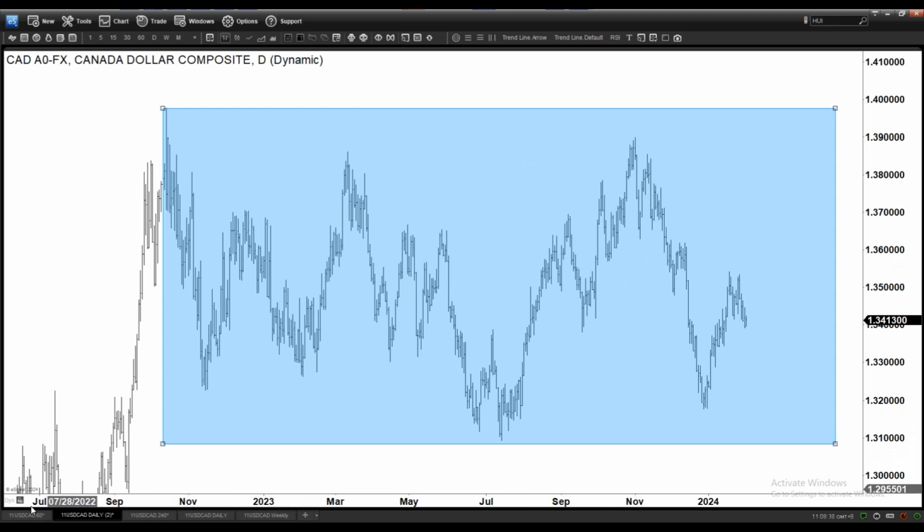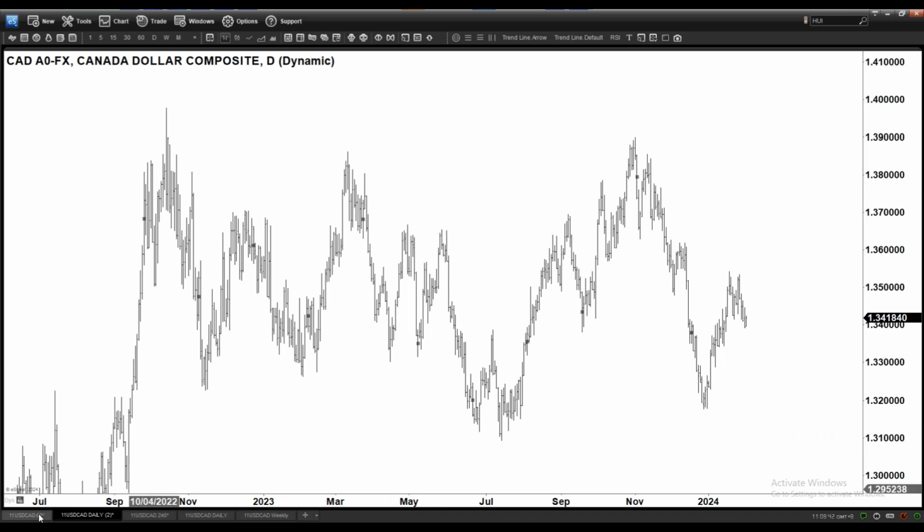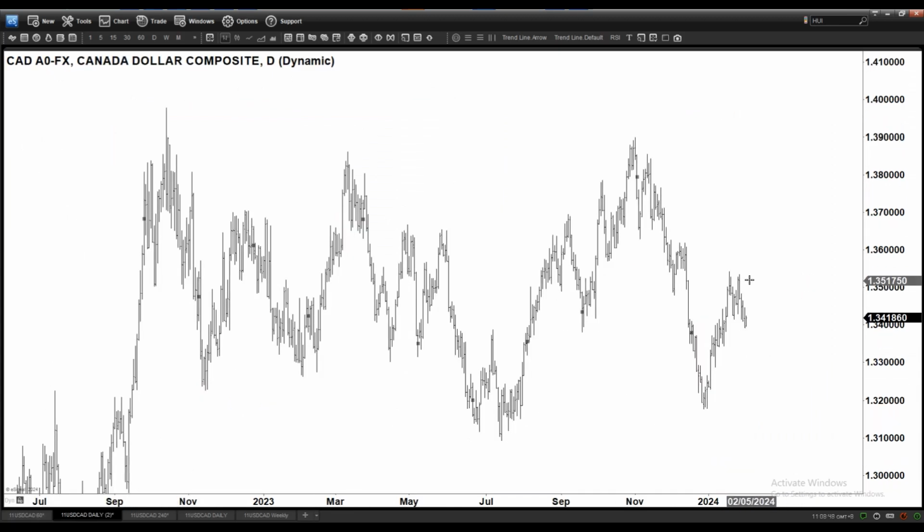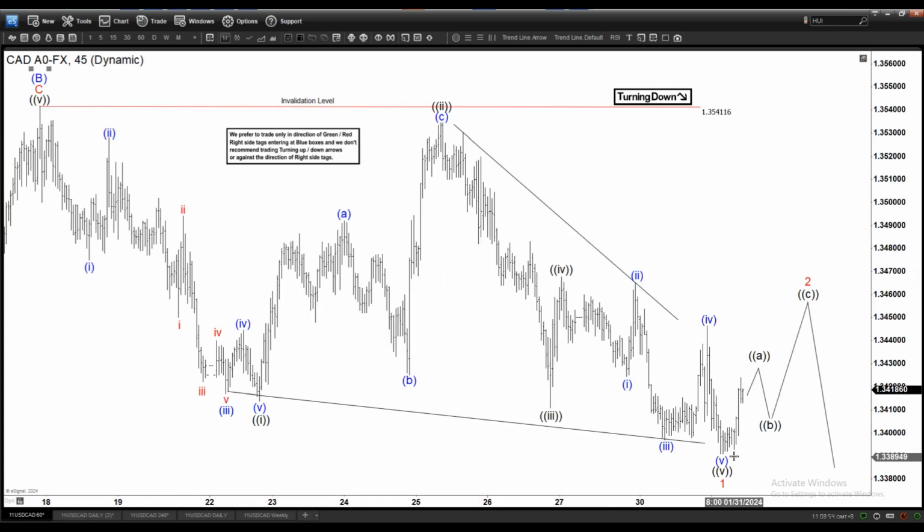So going back to the 1 hour, this peak at 135.41 is wave B, right? If I look at the daily, 135.41 is over here. So basically if you look at this, we are ending wave 1 of C. Let me copy this.